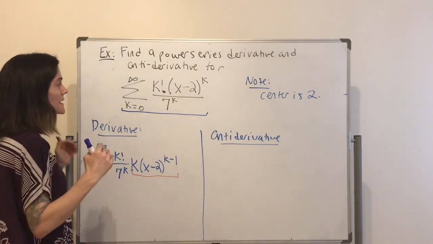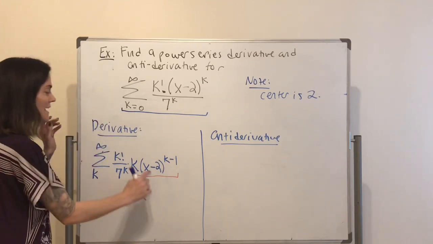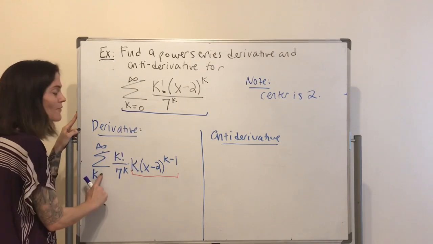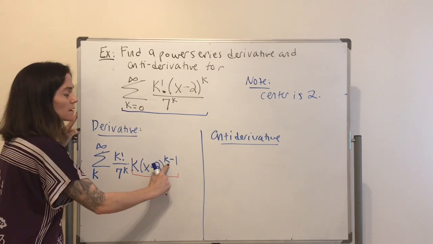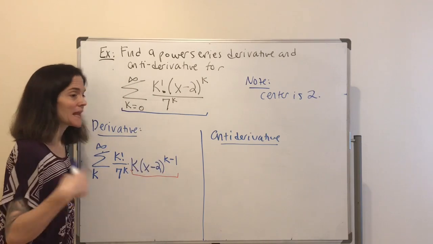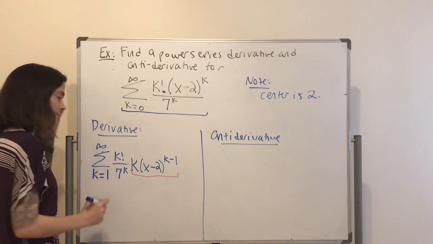But as I commented when I first wrote down the derivative, you see I can't start at 0. I can't write that here because this would have a term with a minus 1 power. That doesn't appear in a power series, so I just start my sum at 1.